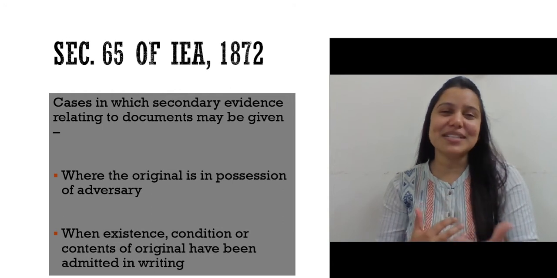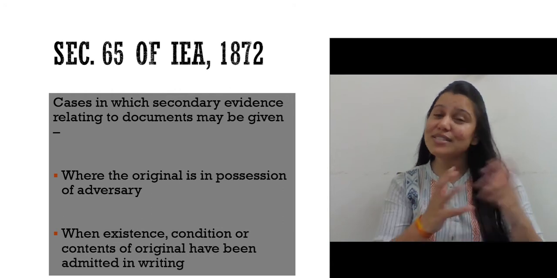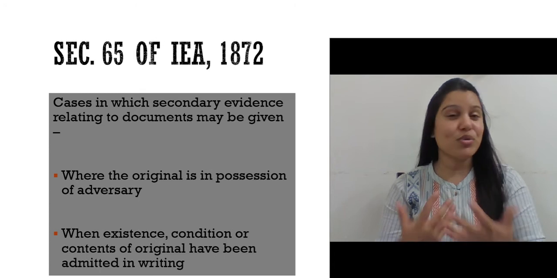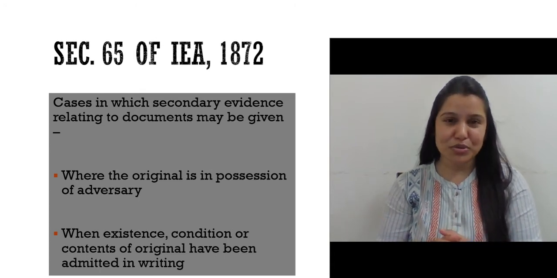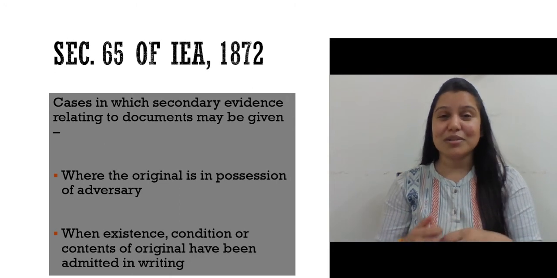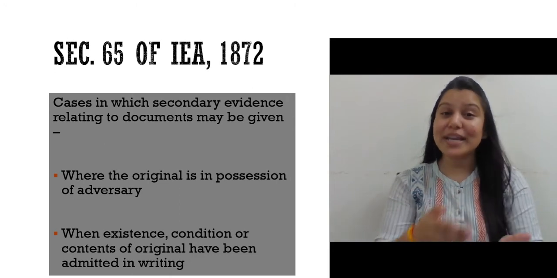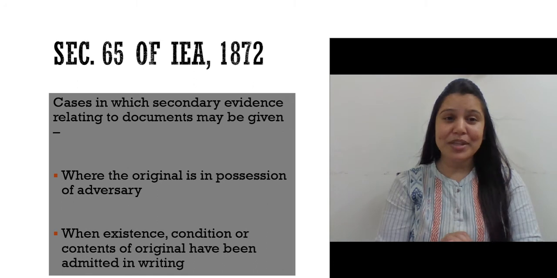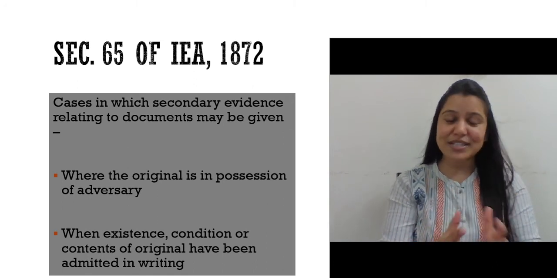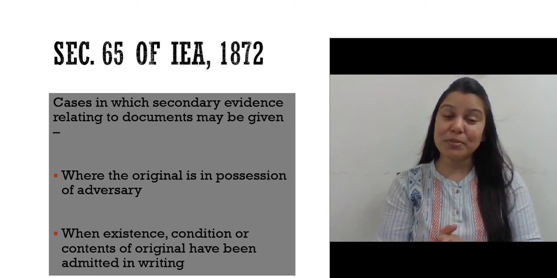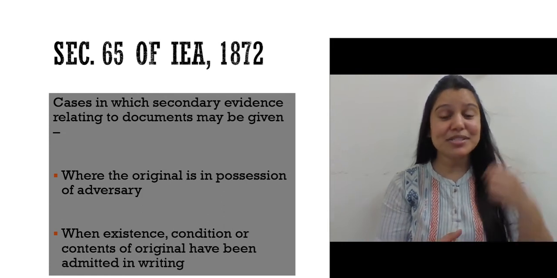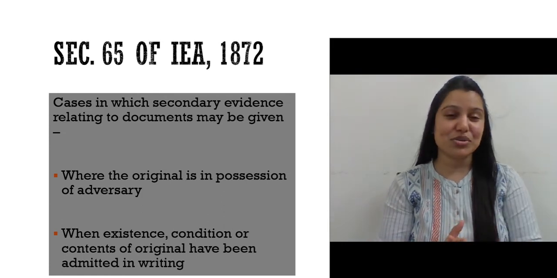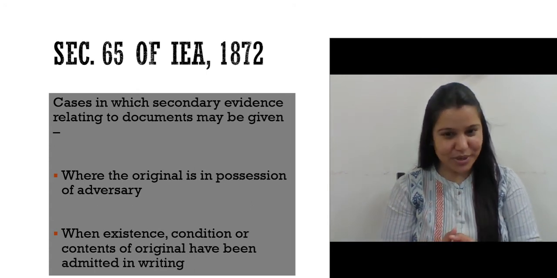Party who's litigating against you, the document is in his possession, then of course, how can you get that? Then you ask for the permission from the Honorable Court whether you can prove the secondary evidence by stating this very reason. And of course, if you state it and everything is in proper shape, then the court would allow you to give the secondary evidence because the original is in the possession of the adverse party, right?